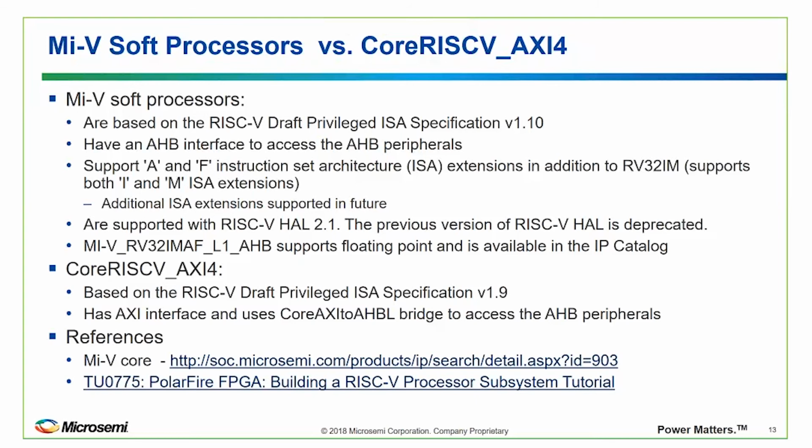So using that core required in a lot of cases the use of this AXI to AHB bridge that we provide. There's a couple of references here, the My5 core details, and also a tutorial on how to build a RISC-V processor system.